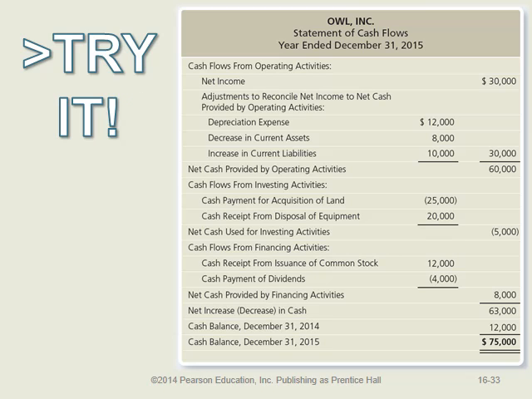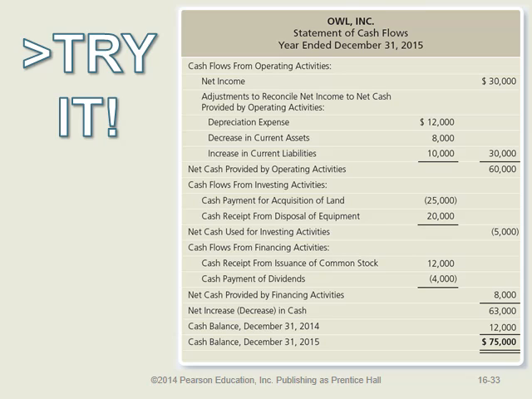Cash flows from operating activities starts with net income of $30,000. Add back depreciation expense of $12,000, the decrease in current assets of $8,000, and the increase in current liabilities of $10,000. Cash flows from investing activities shows a $20,000 increase in cash provided by the disposal of equipment and a $25,000 decrease in cash resulting from the acquisition of land.